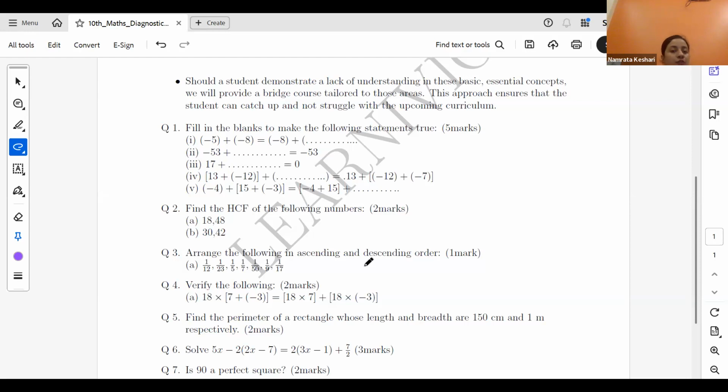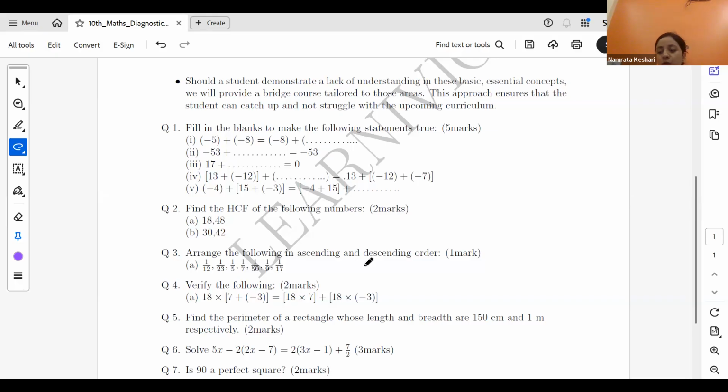The next one, number 3. Here also you don't have to use pen and paper. Directly you should see and tell me what will be in ascending order, what will be in descending order. 1 by 5 ascending, 1 by 7 ascending. Okay, I want to give you one example.